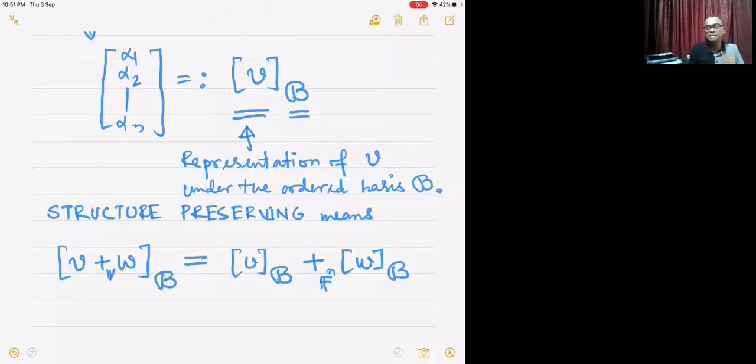And once the representation is done, for a given vector, alpha 1 will be some number. Alpha 1 will be called the first coordinate, alpha 2 the second coordinate, alpha 3 the third coordinate, and so on. So these are the coordinates.